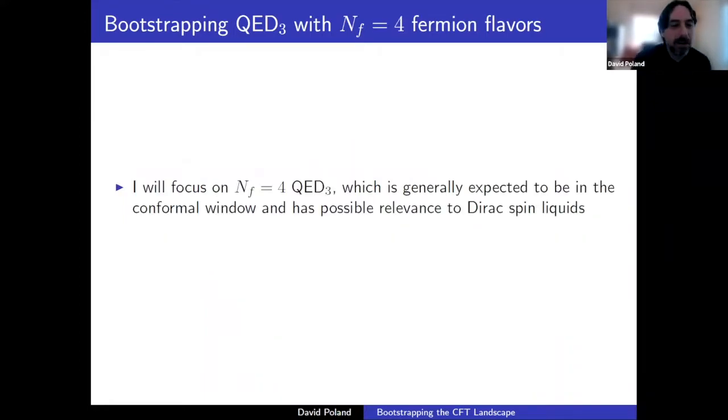I'm going to focus on the case of 4 2-component complex fermions, which is one of the physically most interesting cases. It's generally expected to be in the conformal window, though maybe near the bottom of it. This is also a theory that has some relevance to physical systems called Dirac spin liquids.